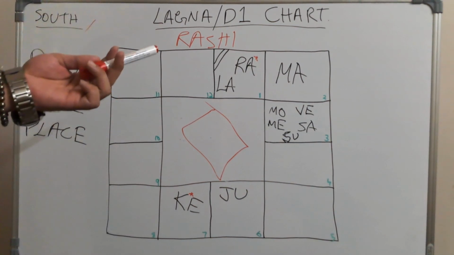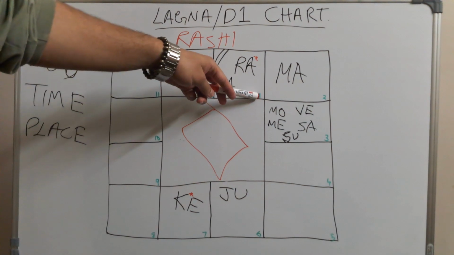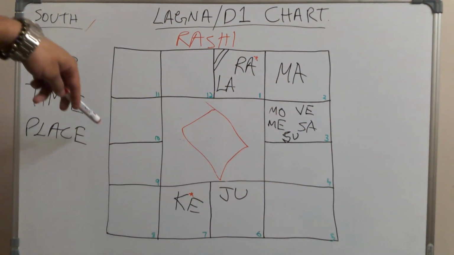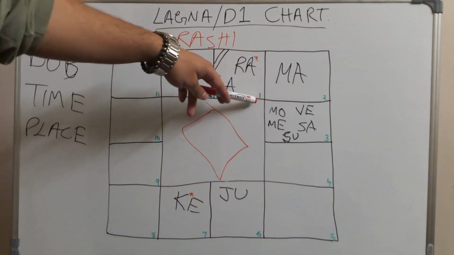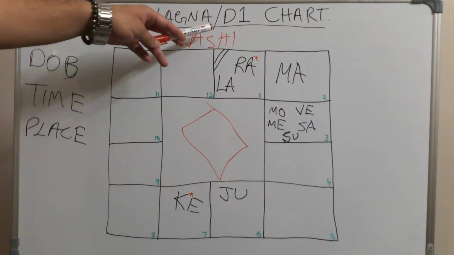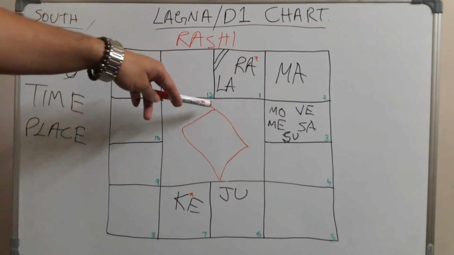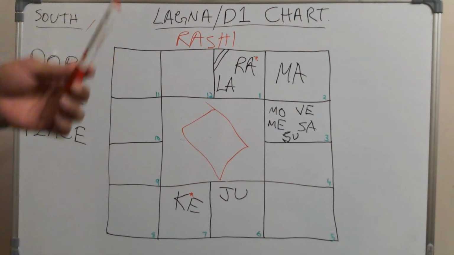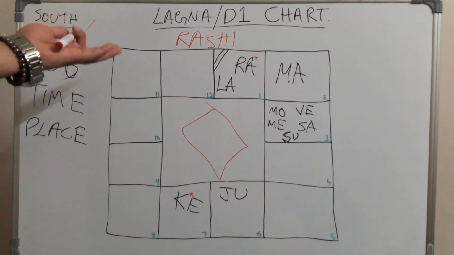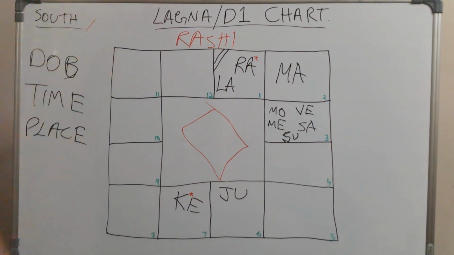Once you understand that, then I'll go into the concept of houses, and I'll explain what each of these numbers represent. These numbers represent a completely different thing compared to these boxes or Rashis. So for now, this is just a simple basic chart or Lagna chart, D1 chart or Rashi chart.